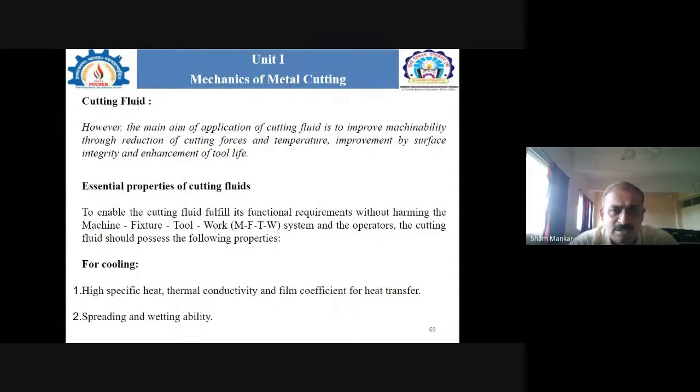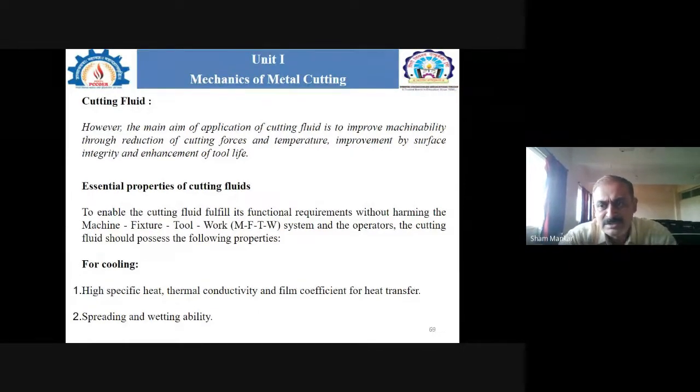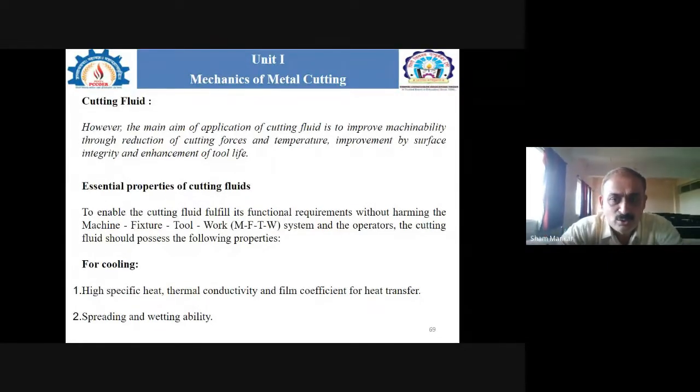Also, the reduction in friction as well as temperature is another important reason to use cutting fluid. And there are other parameters: speed, feed, depth of cut, and the tool life or the tool material.